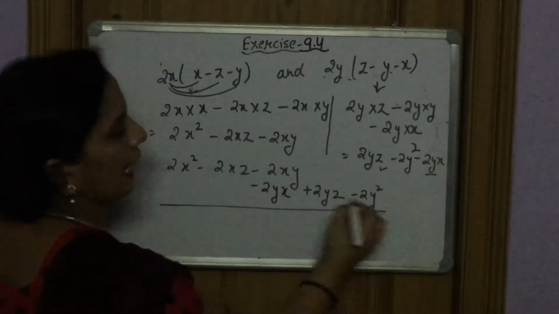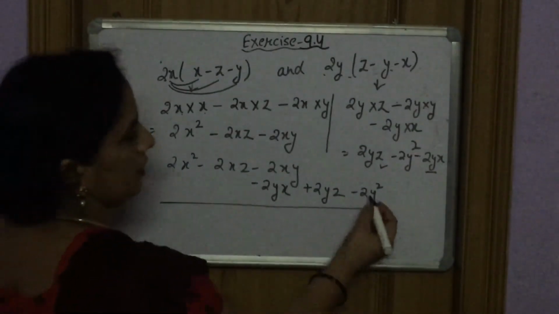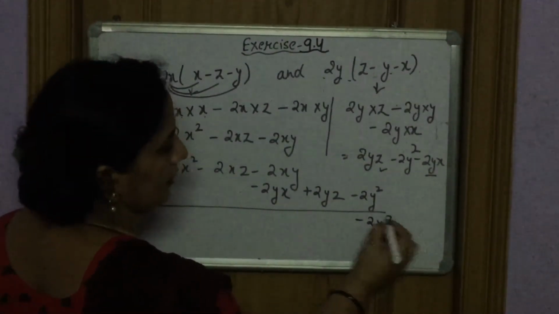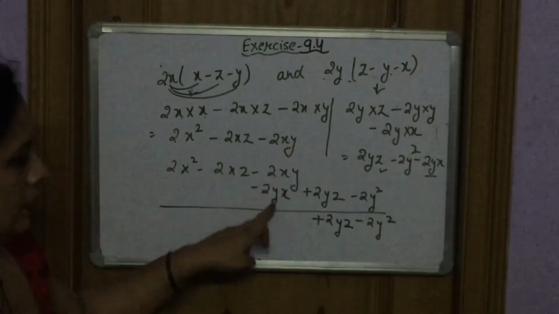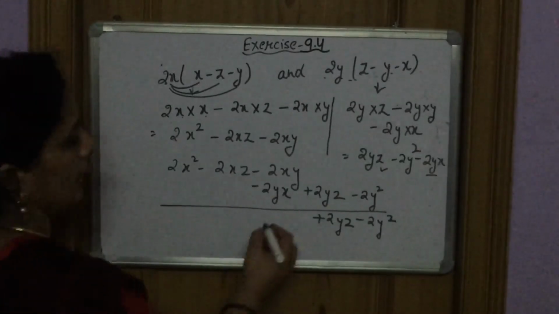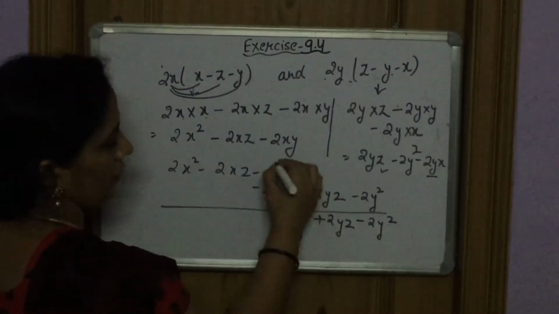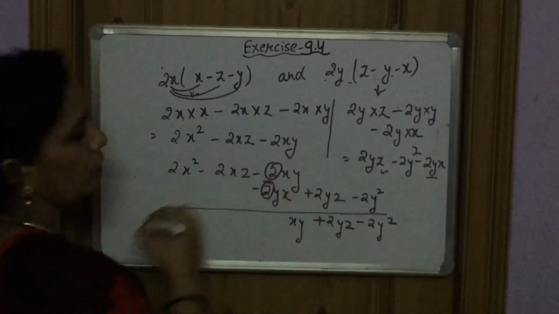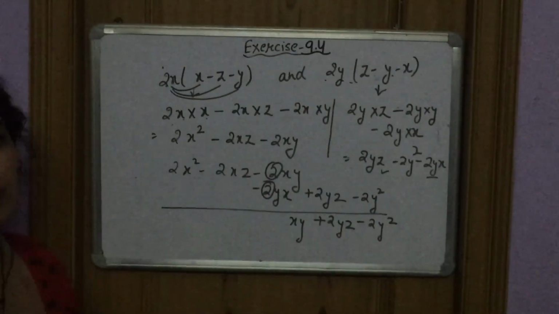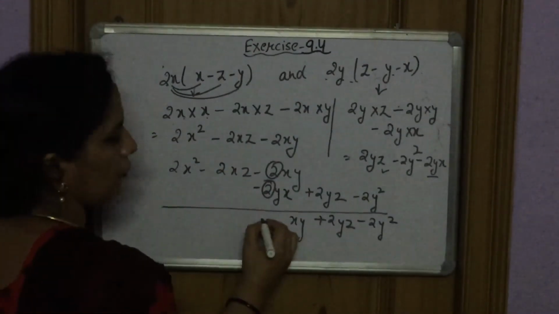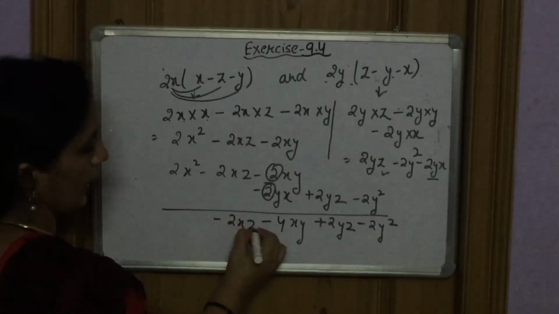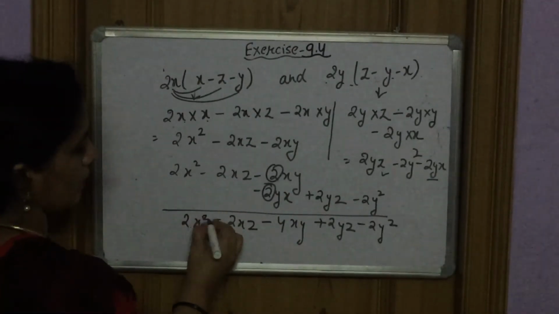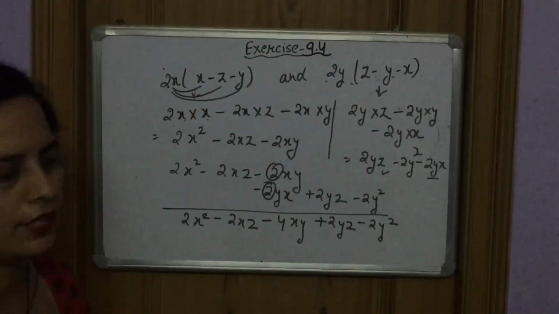Now we will add these terms. A single term we will write as it is. Like variables are the same, so we add the coefficients. Minus minus plus, and the sign will be minus, 2 and 2, this is 4. Minus 2xz and 2x square. This is our final answer.